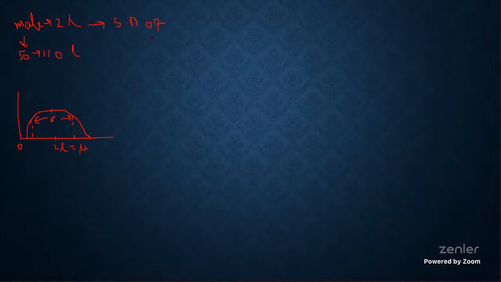Now we have to calculate the basic probability that we would run out. We are given that mu is 2 and sigma is 0.7. Now we have to get P run out, which we have to calculate.